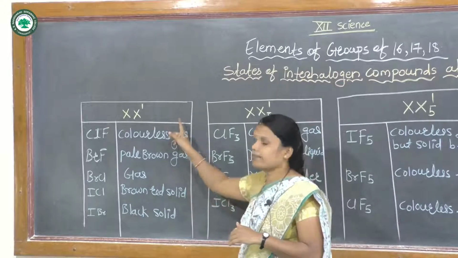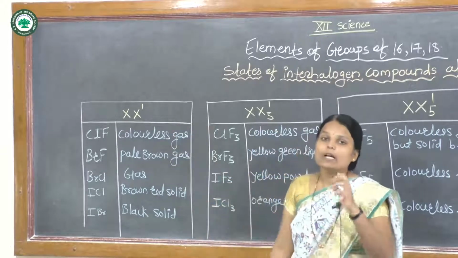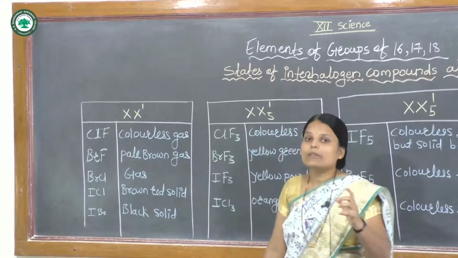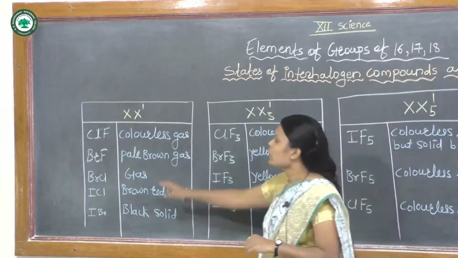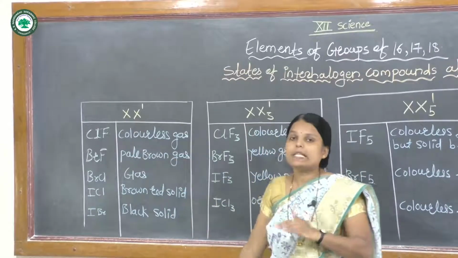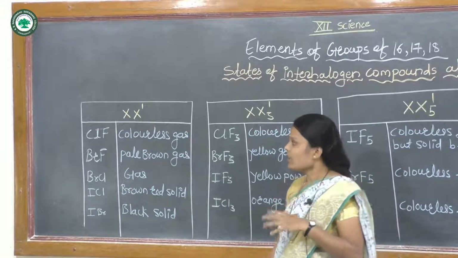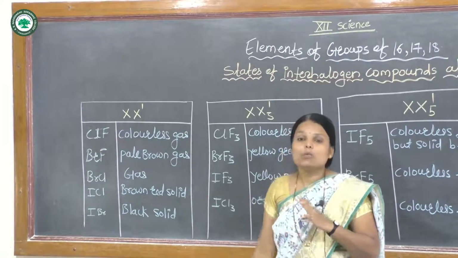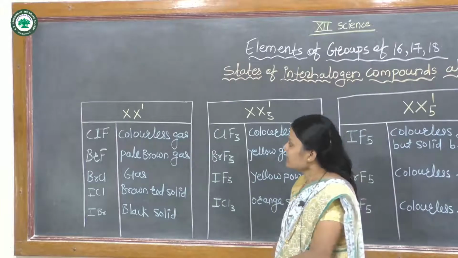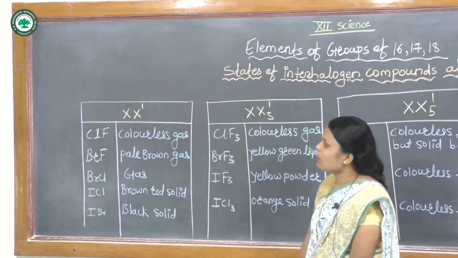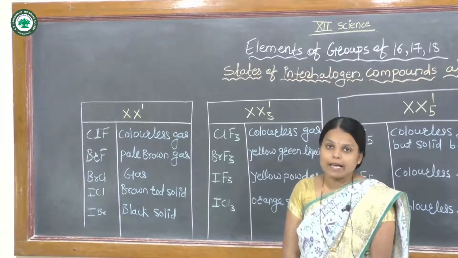Now XX' is the first type of interhalogen compound. The first example is chlorine monofluoride, ClF, and its state is a colorless gas.